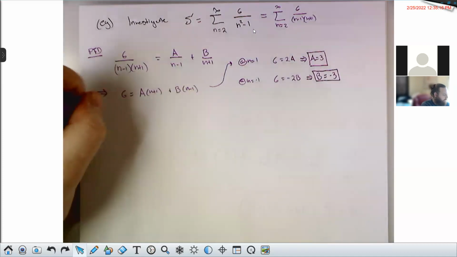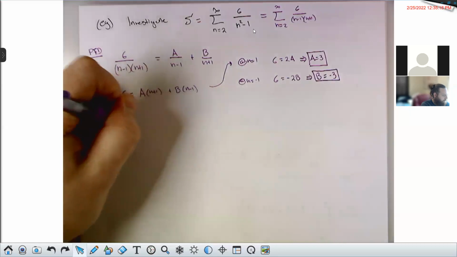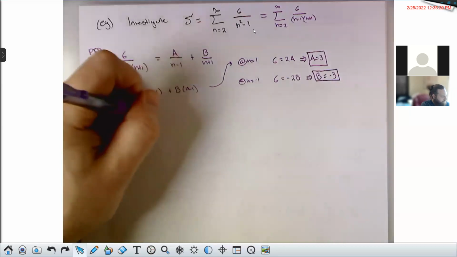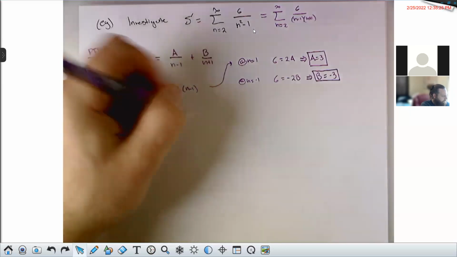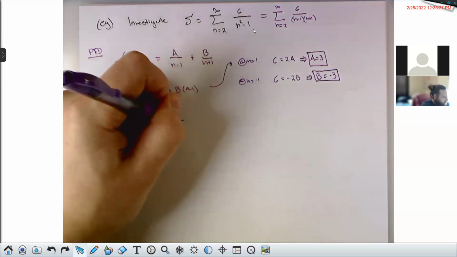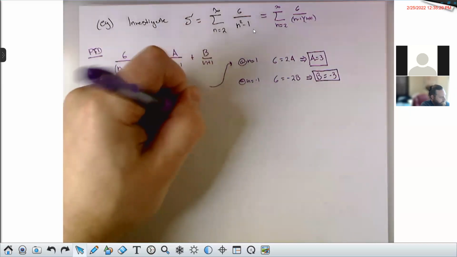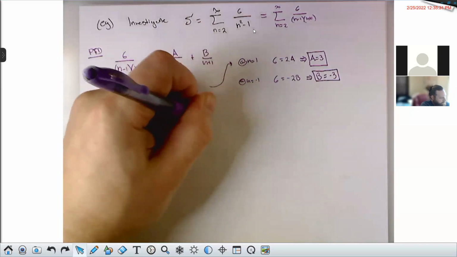So our series S can be written as sigma n from 2 to infinity, 3 over n minus 1 minus 3 over n plus 1.